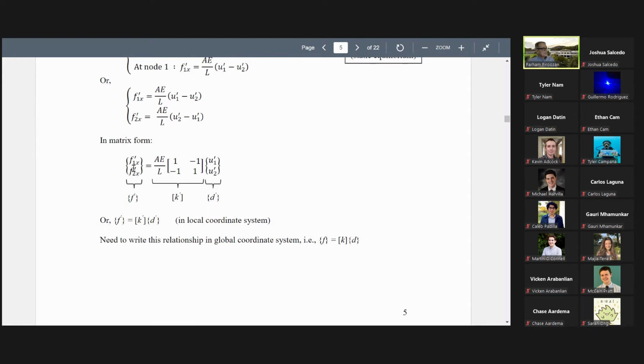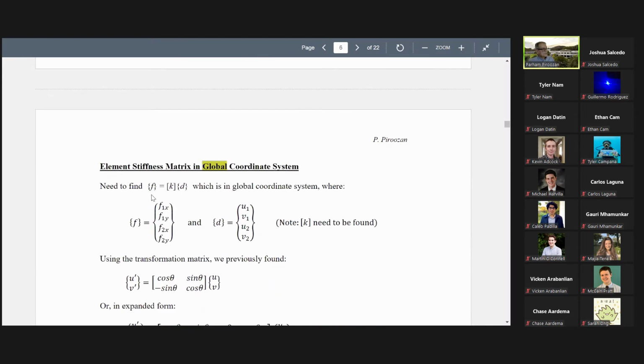But this is with local. Global, it should look like this. F is actually F1x, F1y, F2x, F2y. And the same for displacement: at node 1, there should be displacement U1, V1, and at node 2, there should be displacement U2, V2. So our F should look like this, and our D should look like this.